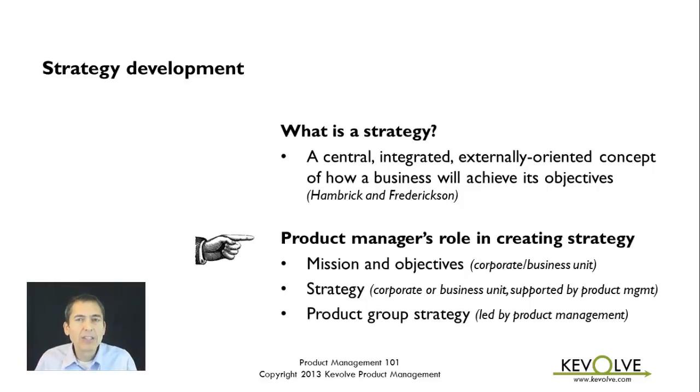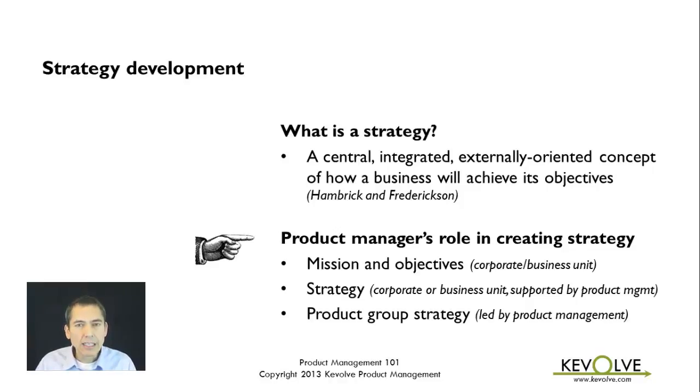And if we're all product managers, what is our role in creating a strategy? Well, typically there is a mission and objective that comes down from your corporate executive management or a corporate strategy group. So there's a mission for the company that you're part of, and there are objectives that are defined typically yearly. And that's probably given to you. And then there's a strategy that's built off those mission and objectives. There could be a corporate strategy that the corporate group, a strategy group, or the executive team develops.